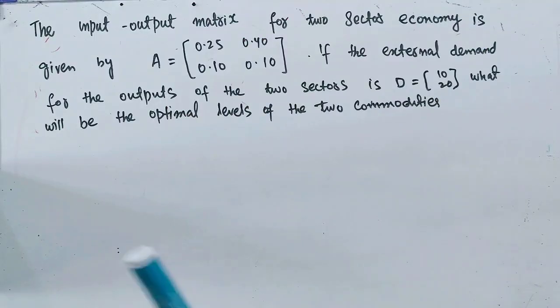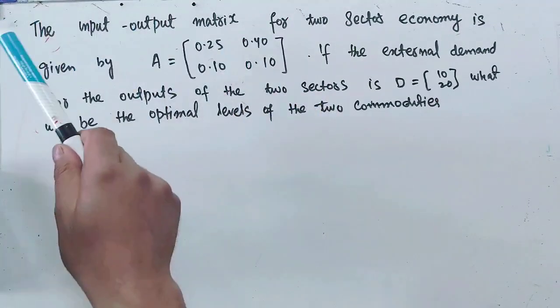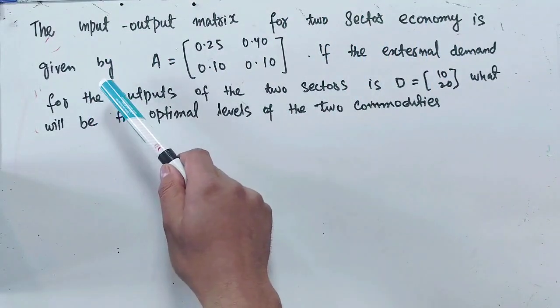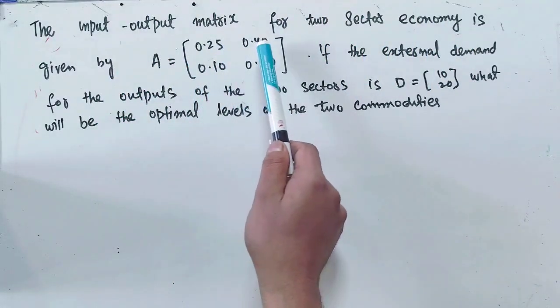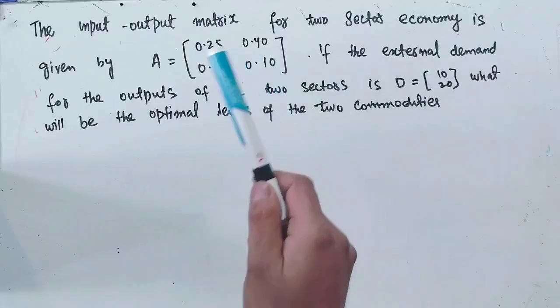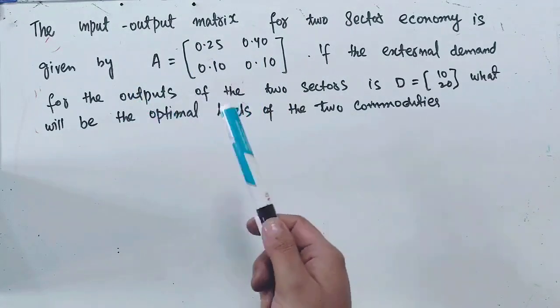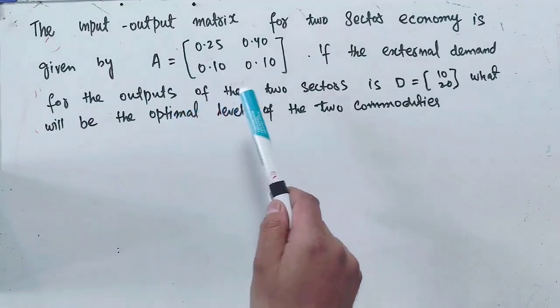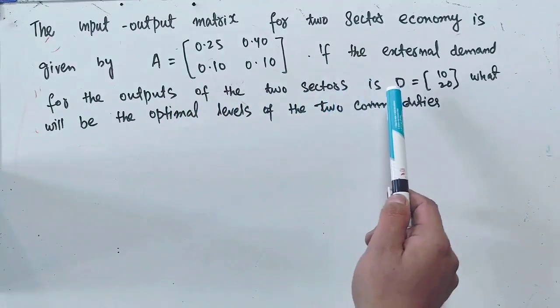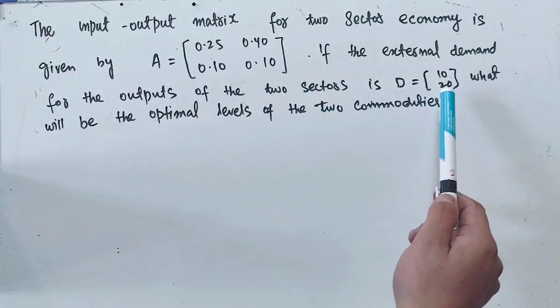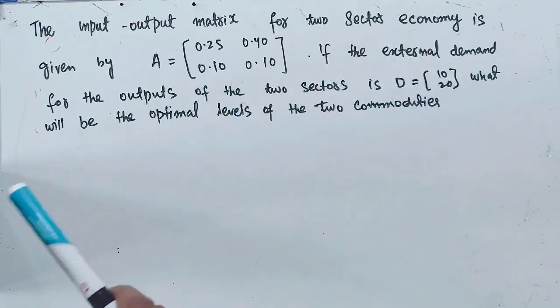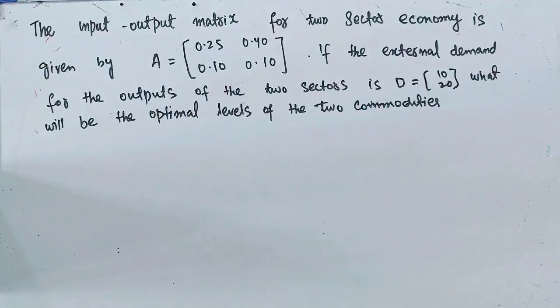Next question is on the input-output model. The question is, the input-output matrix for a two-sector economy is being given to us as A is equal to 0.25, 0.4, 0.1 and 0.1. This is our input-output matrix. If the external demand for the outputs of the two sectors is being given to us as D is equal to 10 and 20, which is a column matrix, we are supposed to find out the optimal levels of the two commodities.